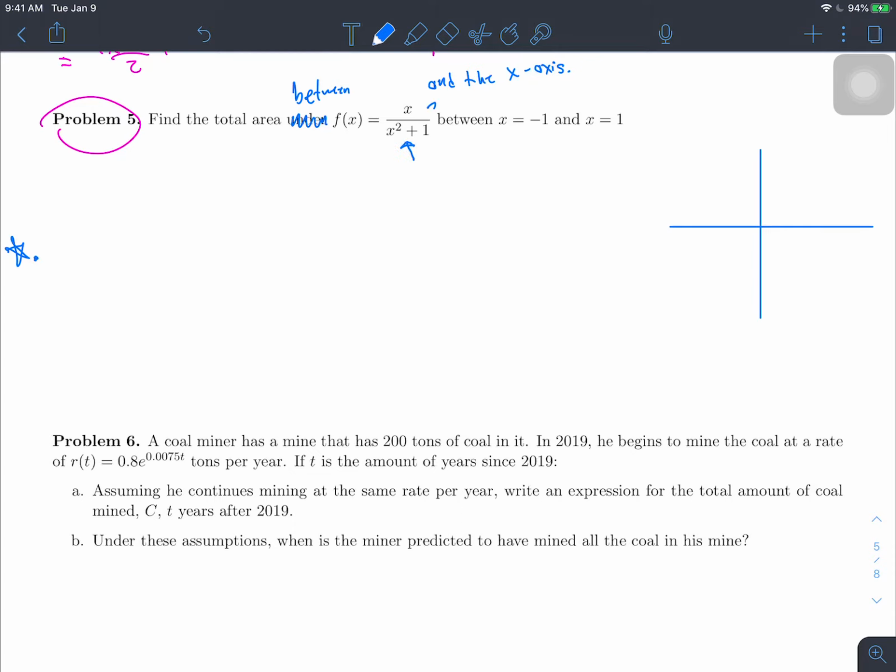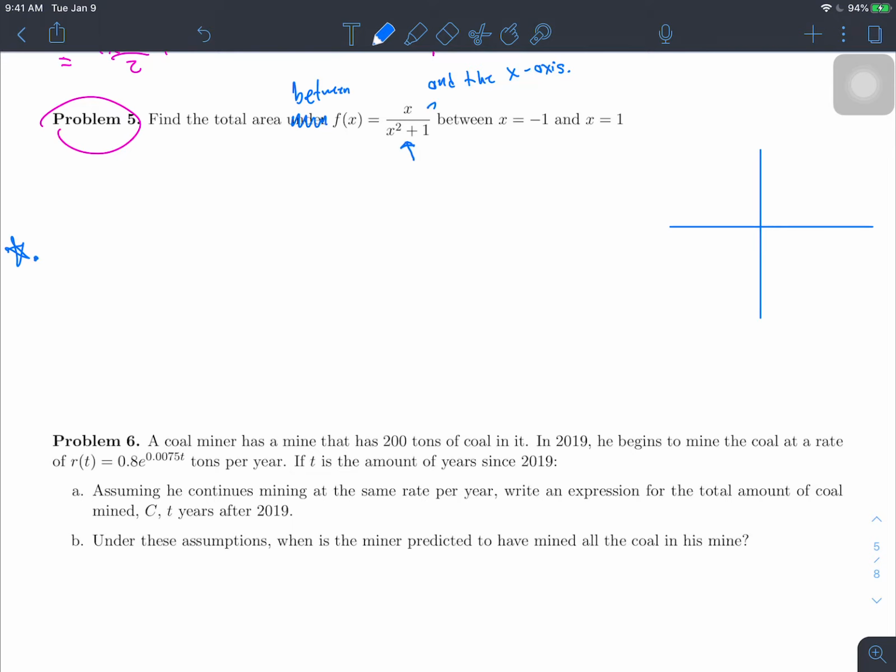No matter what number we plug in for x here, x squared will be a positive number, and then if we add 1 to it, we'll have still a positive number. However, the numerator, x, is going to at times be negative and at times be positive.